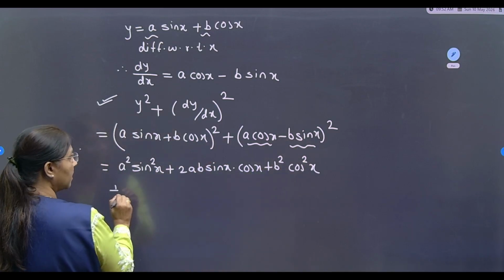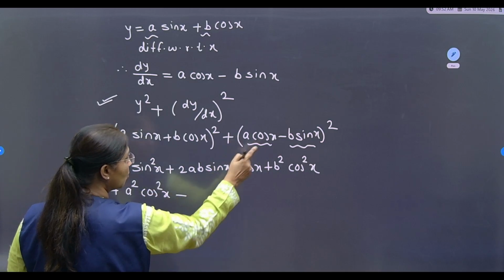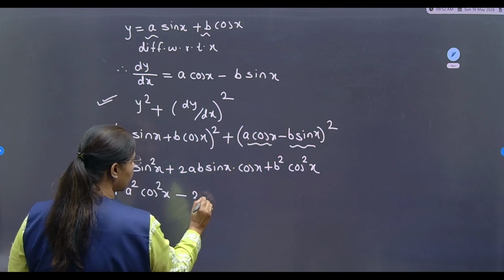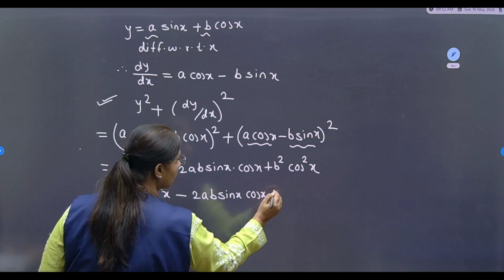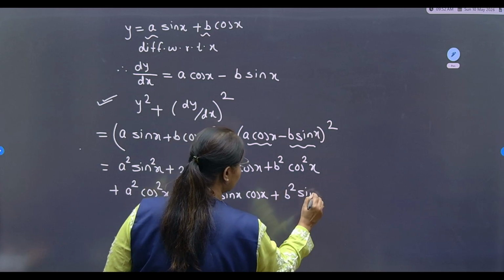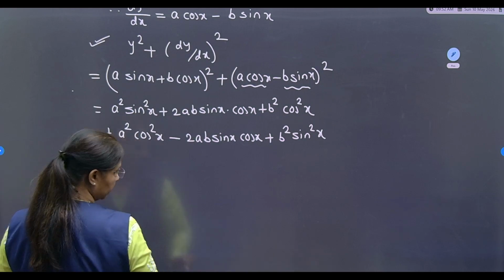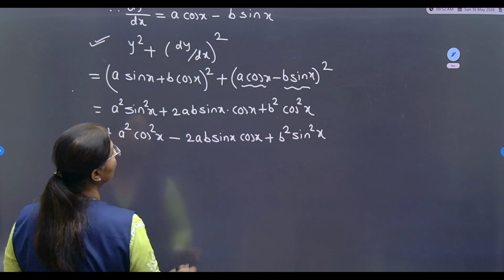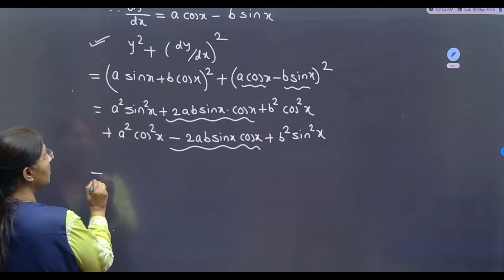Here we get a square cos square x, minus into plus minus 2ab sin x cos x, plus into plus plus b square sin square x. Therefore, here we get 2ab sin x cos x minus 2ab sin x cos x, and the terms cancel.